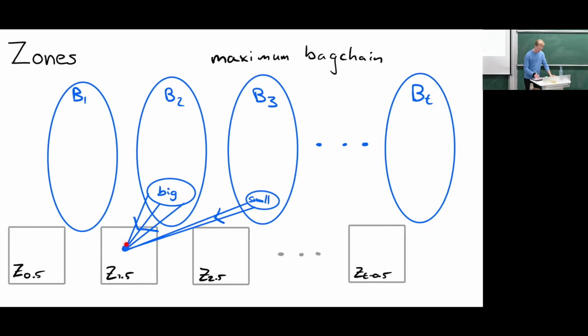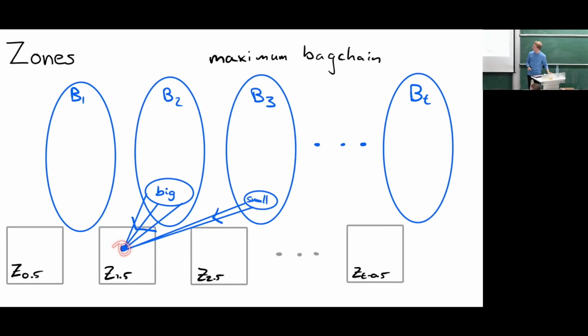And we put a vertex V, like this one, in this zone 1.5 if bag 2 is the highest index bag such that it has a lot of wrong direction neighbors here, where a lot is in the diclique number sense.